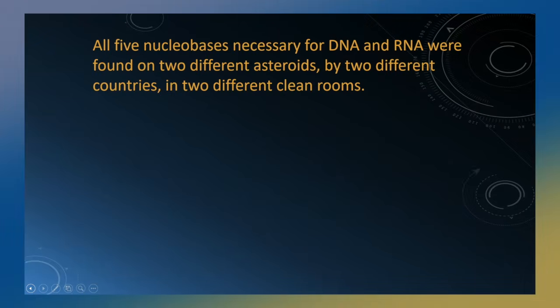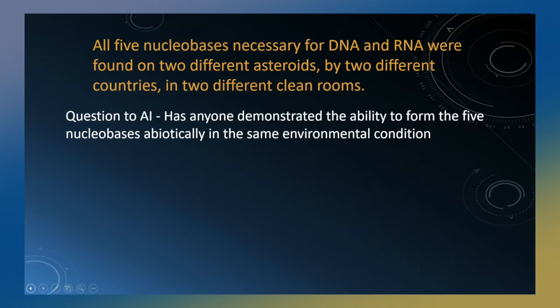So all 5 nucleobases necessary for DNA and RNA were found on 2 different asteroids, by 2 different space probes sent by 2 different countries, analyzed in 2 different clean rooms, and they both found all 5 nucleobases necessary for creating all DNA and RNA.